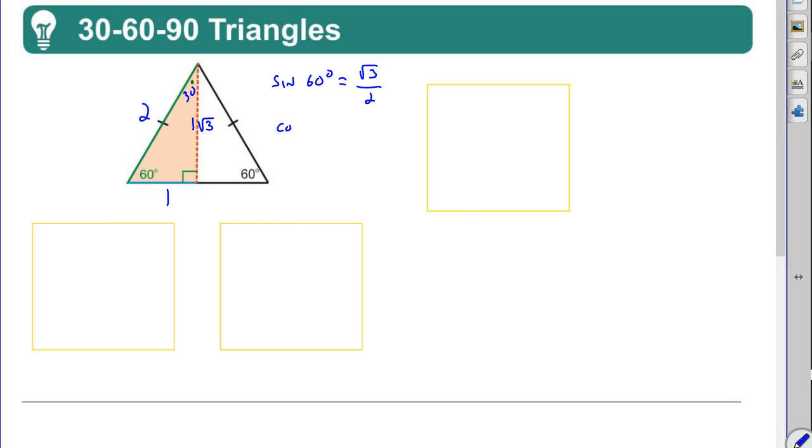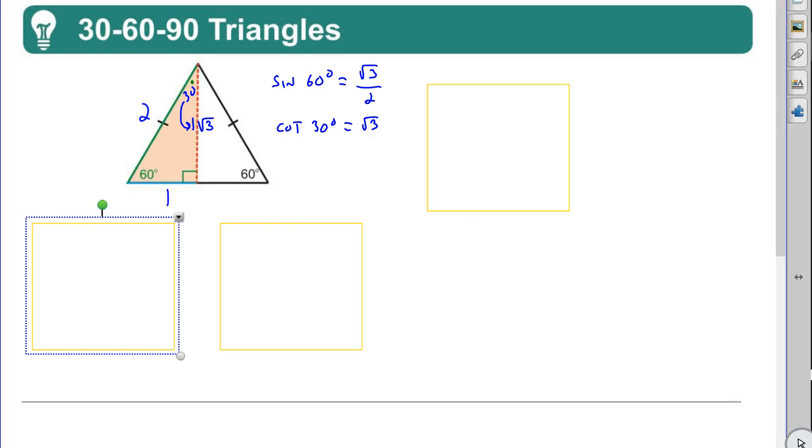How about if they want the cotangent of 30 degrees? Cotangent is the adjacent over the opposite. So the adjacent is square root of 3, and the opposite is 1. So that'd be square root of 3. And you can do that for all 6 trig functions for both 60 and 30 degrees.